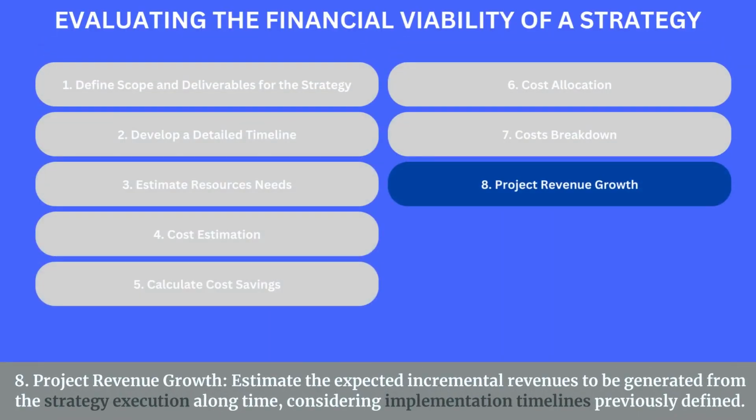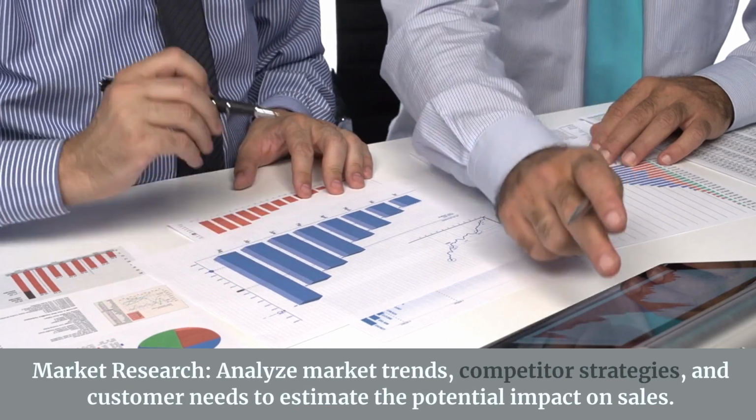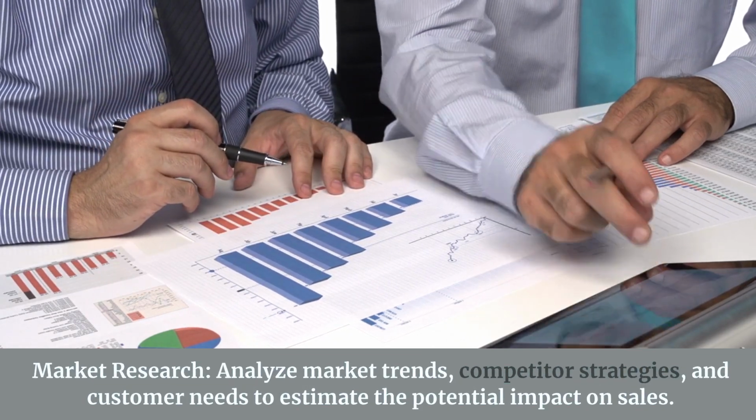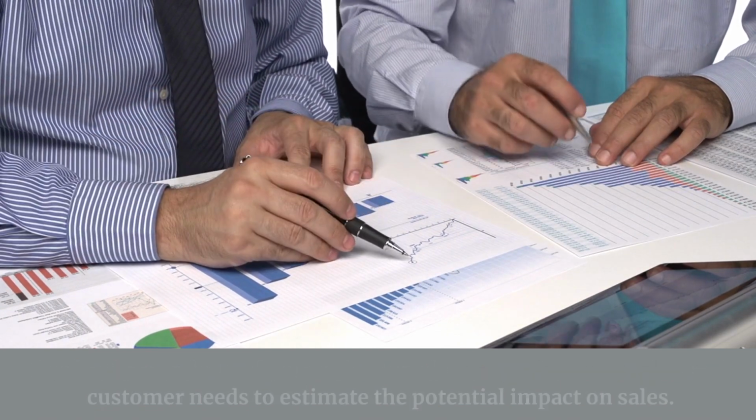8. Project revenue growth. Estimate the expected incremental revenues to be generated from the strategy execution along time, considering implementation timelines previously defined. Market research. Analyze market trends, competitor strategies, and customer needs to estimate the potential impact on sales.